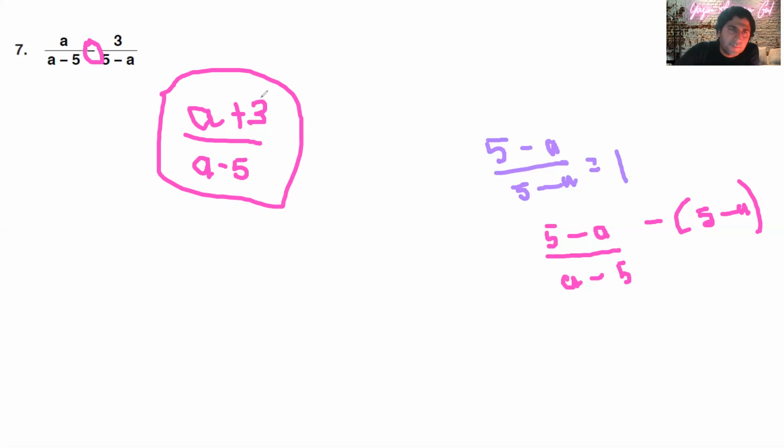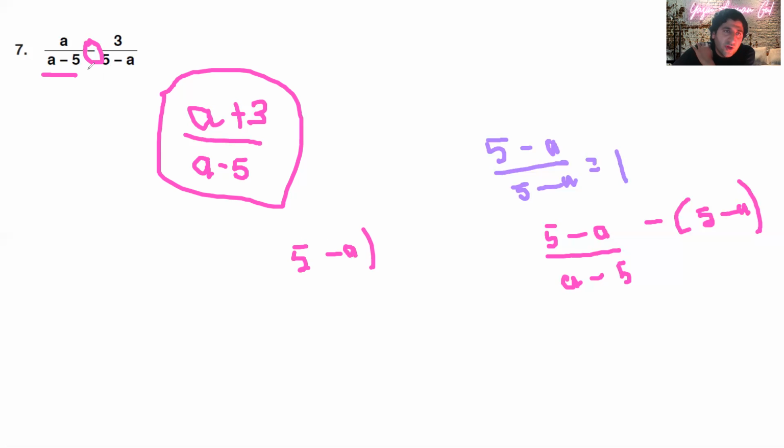Again, you see here, this is a minus 5. This is 5 minus a. To get this 5 minus a, this 5 minus a is the same as this one.